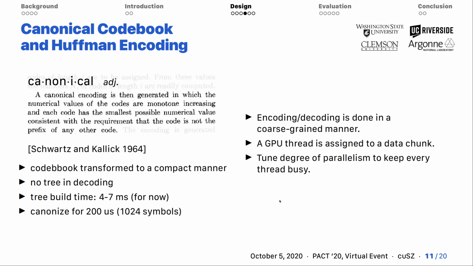It's to be optimized. And canonizing the codebook is shorter, taking up only 200 microseconds for 1,000 symbols. Encoding and decoding are done in a coarse-grained manner, and the optimizing is tuning the degree of parallelism.